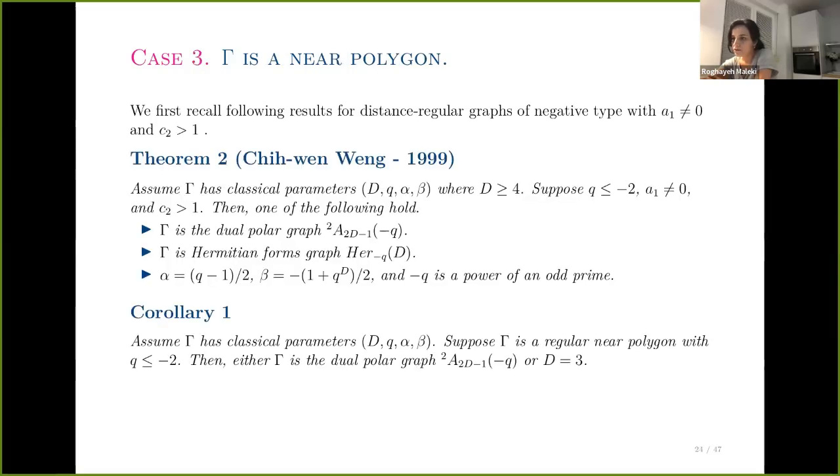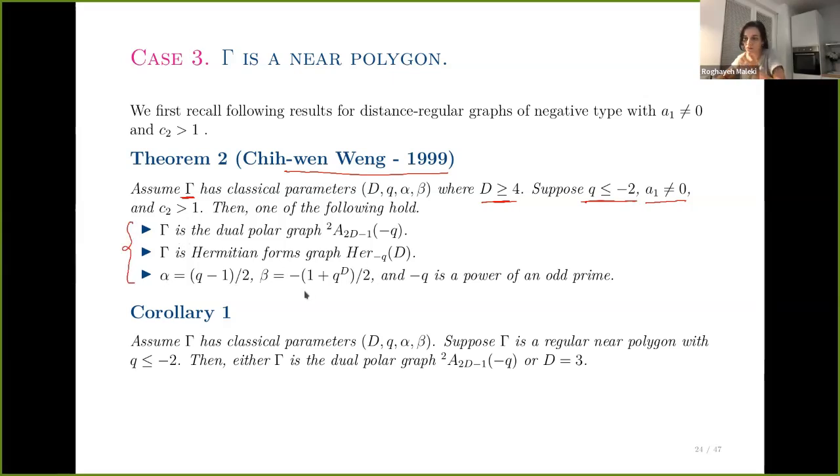And for the last case, when Gamma is a near polygon, we use this nice classification of Ching Wen Wang in 1999. Here he assumed that if Gamma has classical parameters with the diameter big enough, d greater than or equal to 4, remember q is less than or equal to -2, a1 is non-zero, and c2 is greater than 1, then one of the following cases hold.